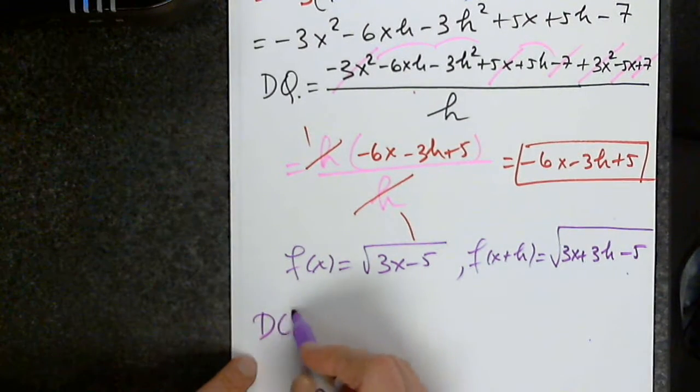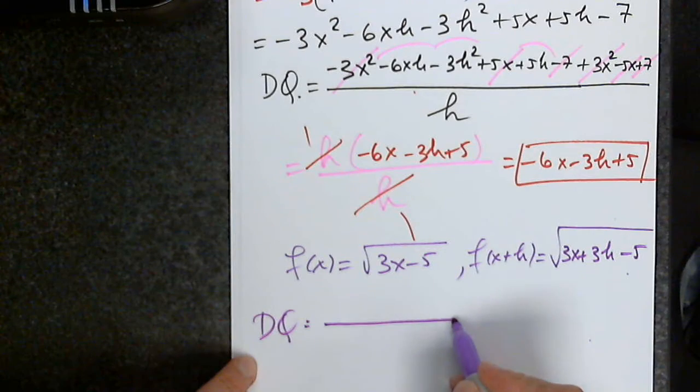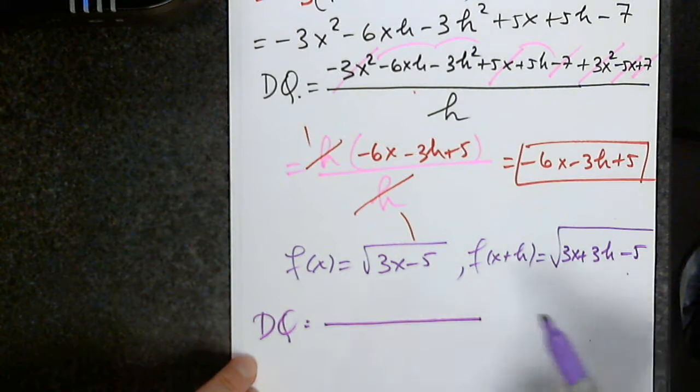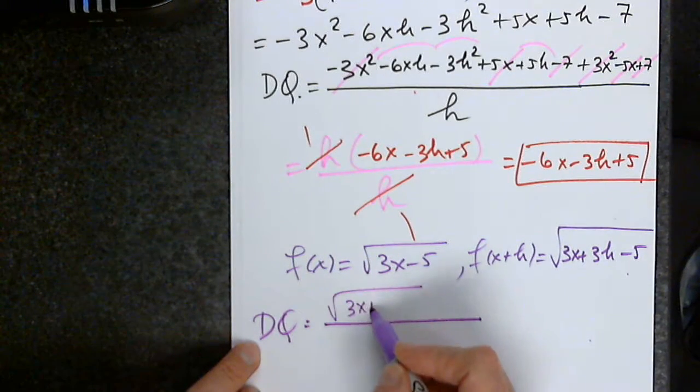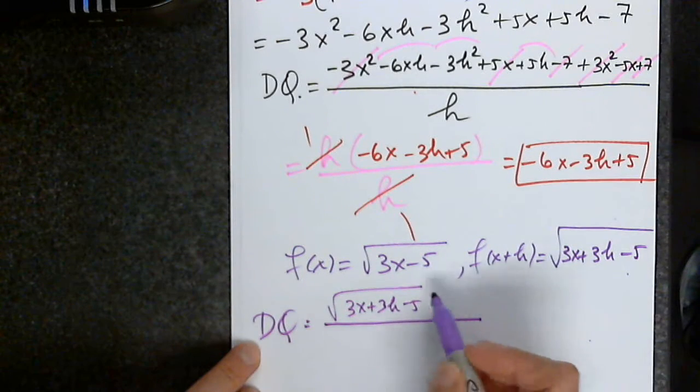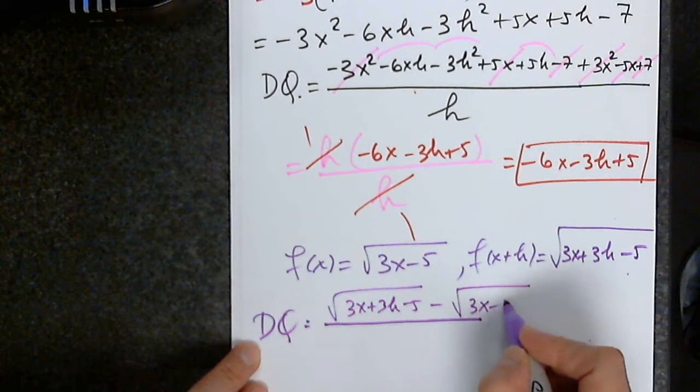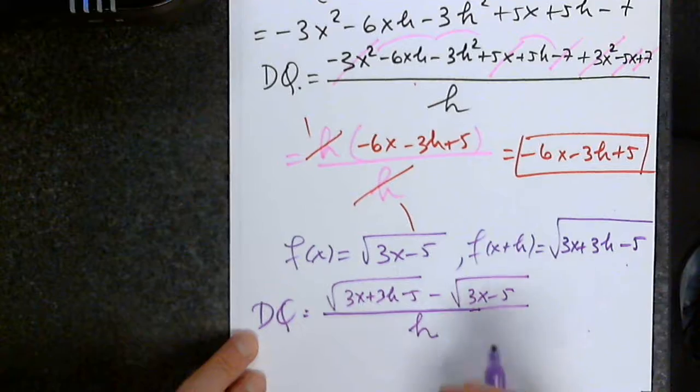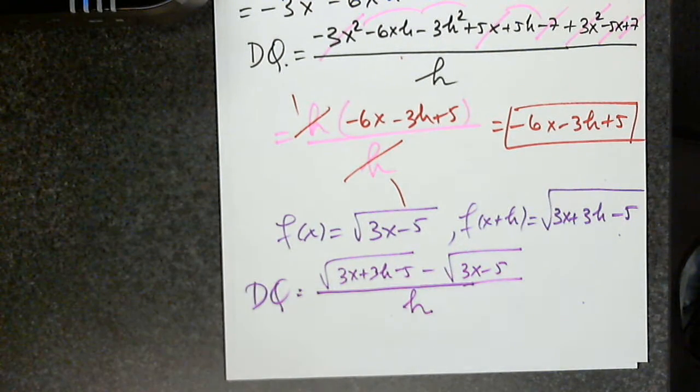So now the difference quotient is f of x plus h, which is the square root of 3x plus 3h minus 5, minus the square root of 3x minus 5, divided by h. The question is, what do I do now?